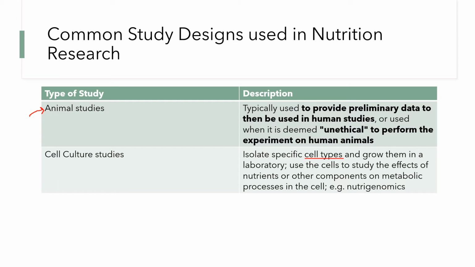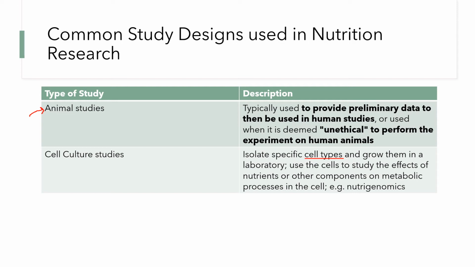So not necessarily cells as they're functioning in a human, but you might have taken some cells from human tissue or blood and cultured them in a laboratory, and then just study the cells themselves in the laboratory to see either what they do with a certain nutrient or look at various aspects of their metabolism or metabolic processes.